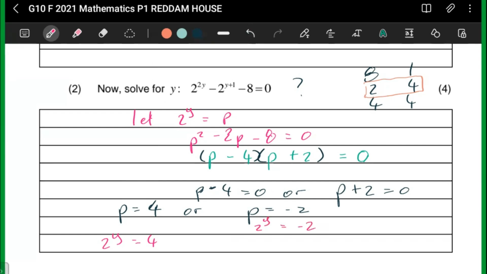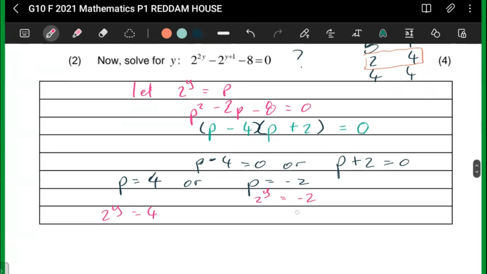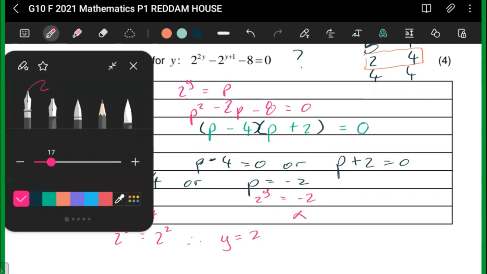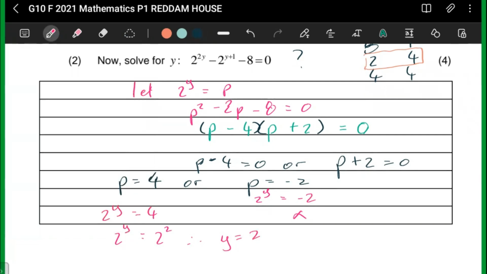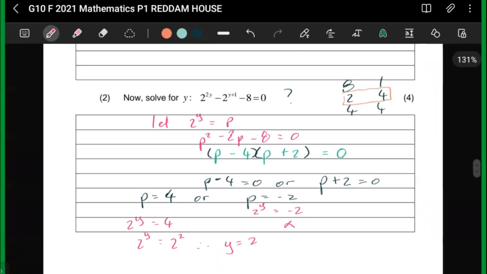So you can solve for y. This one cannot go anyway because there's no value of y that would give you a -2 as a result. This one, you already know that 4 is the same as 2 to the power of 2. So your y value here is equal to 2. There you go. And now you'll get your 4 marks.